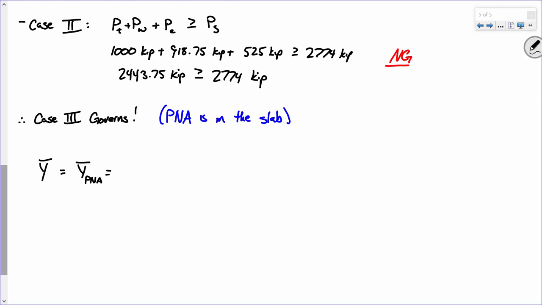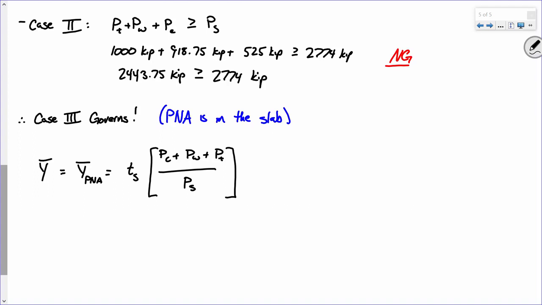It's going to be the slab thickness times the following expression: PC plus PW plus PT all over PS. Now, what am I missing? I'm missing the PRB and the PRT terms, right? And I took those out because they're 0. We're not considering the reinforcement. All right? So far, so good?